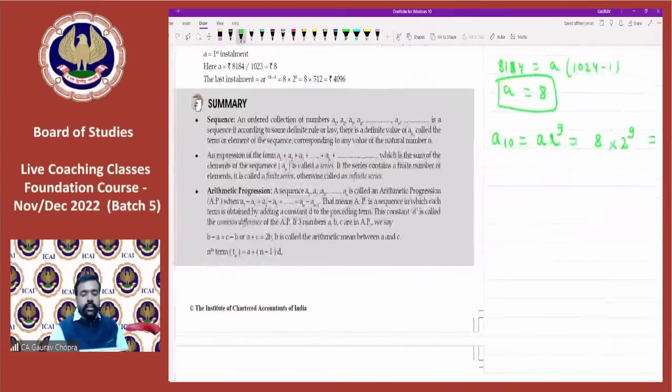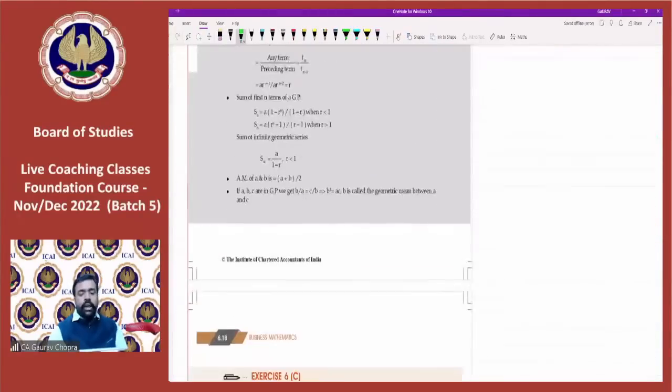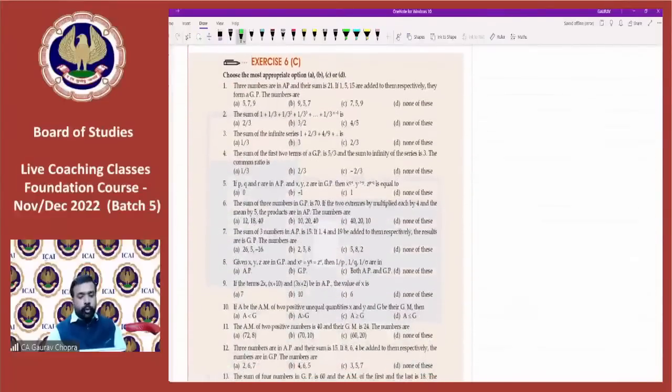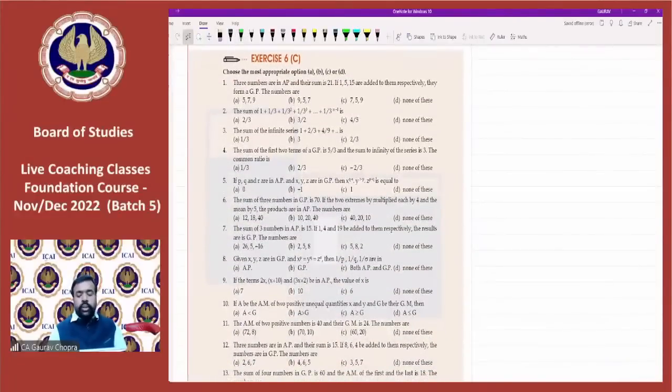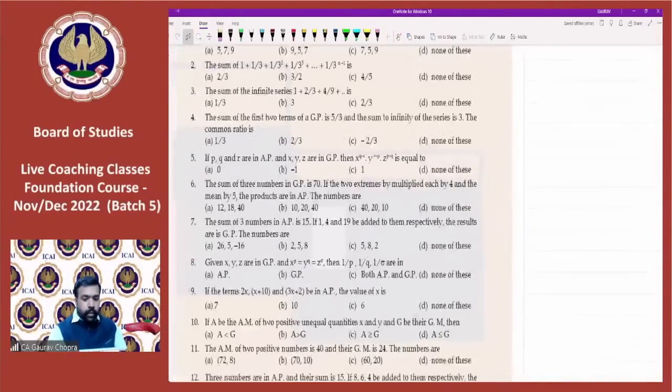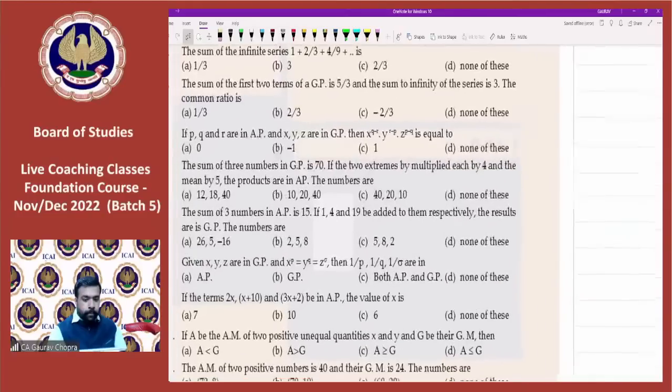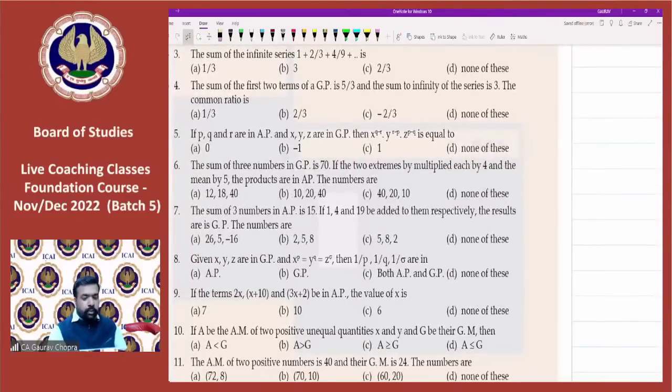Then exercise number 6 has all the mixed questions of arithmetic and geometric progressions. Two or three questions are of a bit different variety, so let us do those questions. Like question number 5.